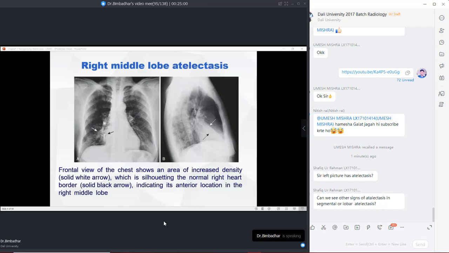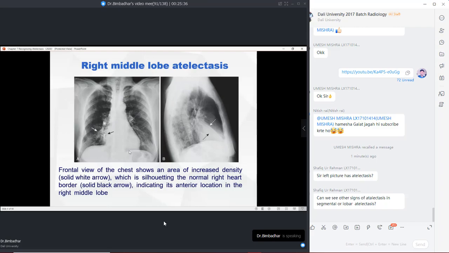Generally, when a small segment or a small part of a lobe is involved, like yesterday I was talking about the mass effect, the gravitational pull, and the shrinkage and compression of all the bronchi together, which will eventually cause, let us say, pulling down of the trachea and also pulling down of the heart.